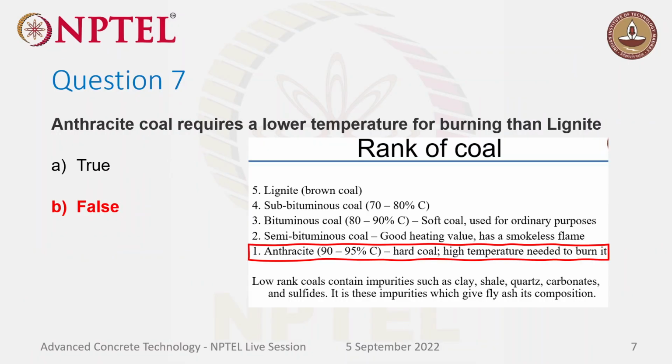Let me take a snap from the lecture. In that there are 5 different types of coal based on the purity. If it's a pure coal, 92 to 95% pure coal is called anthracite. It will have 90 to 95% carbon.